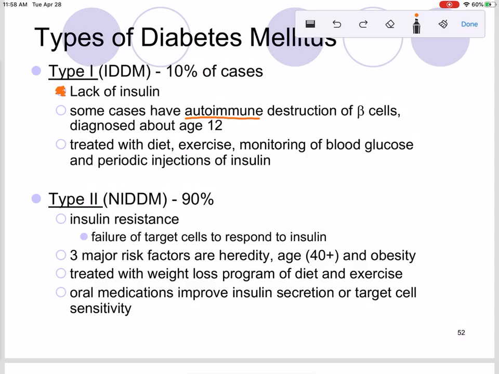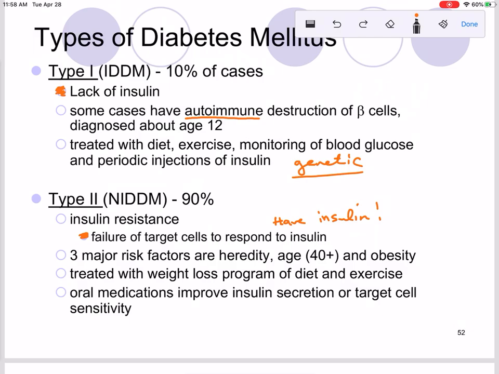Have a basic idea. Type 1 diabetes is usually caused by a lack of insulin. This is an autoimmune disease. This tends to be genetic. Again, I'm pointing out the most important things for you to know. Type 2 diabetes is likely caused by the fact that the target cells are no longer responsive to insulin.